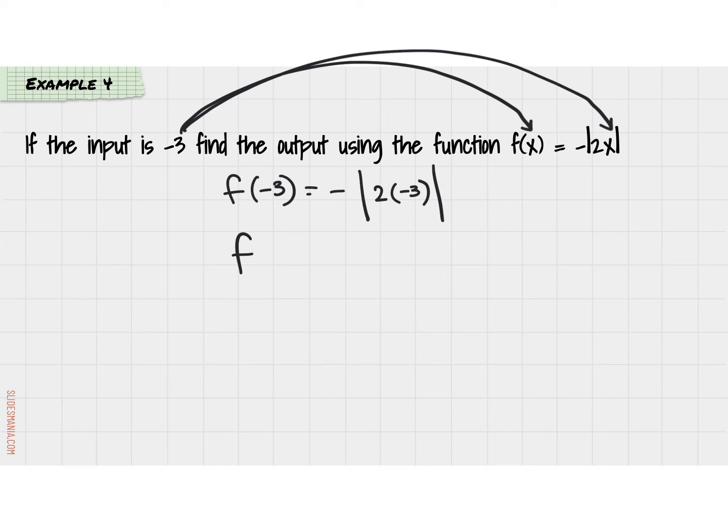So I have function of -3 equals negative absolute value of -6. And anytime you have the absolute value, it basically takes away any negatives if we have them. So it becomes function of -3 is equal to +6. Don't forget, though, that there's still a negative on the outside, and that one we still bring down. So my answer is function of -3 equals -6.